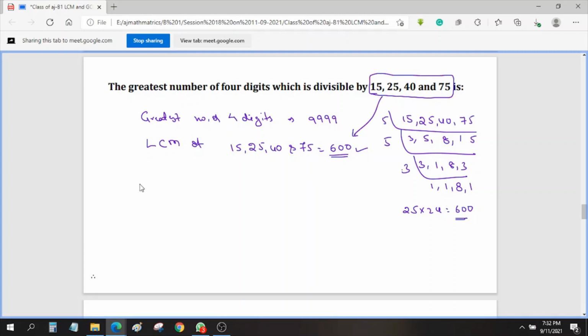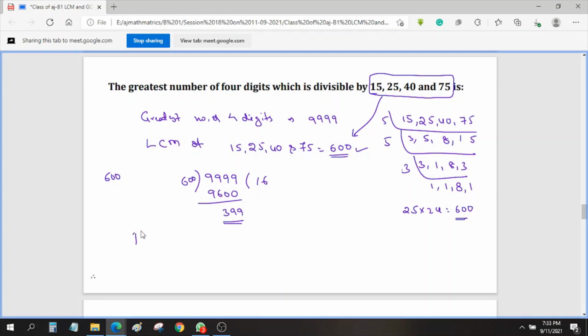So I am just checking whether 9999 is divisible by 600 or not. 600 into 12, 12 6s are 72. 600 into 16, 16 6s are 96, so 9600, and we are left with 399. So what does this remainder 399 indicate?